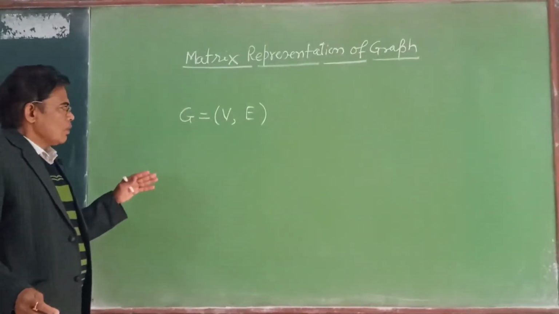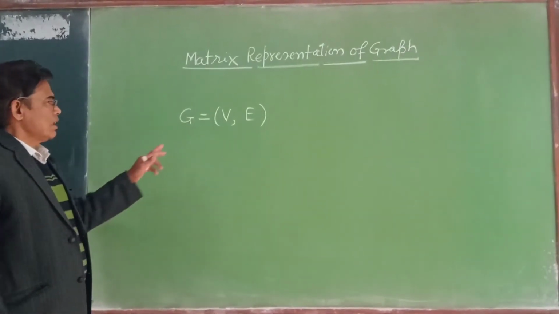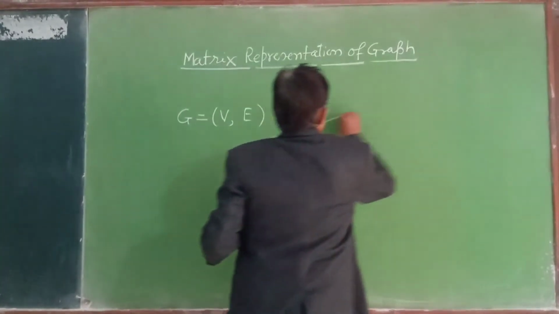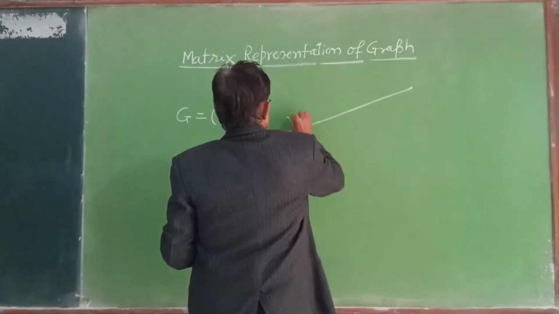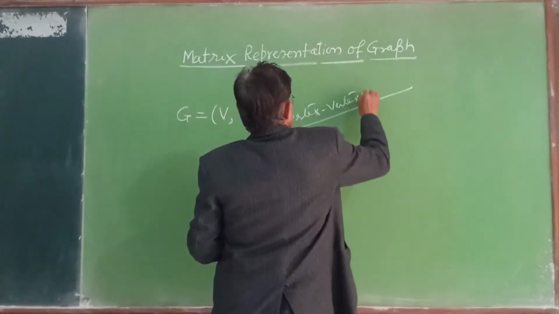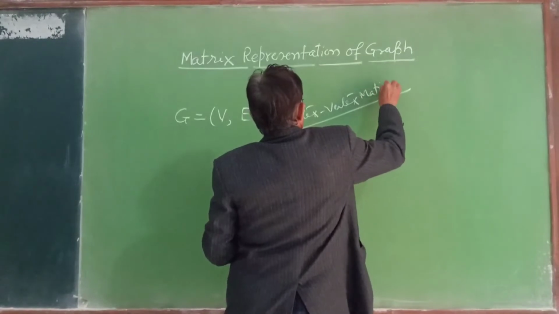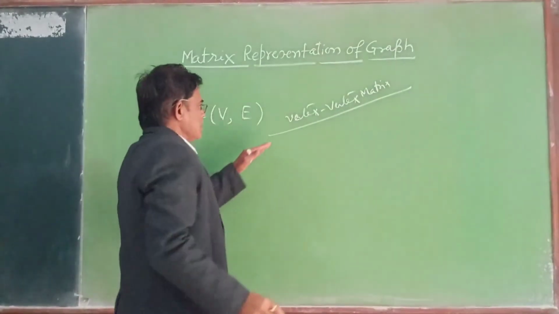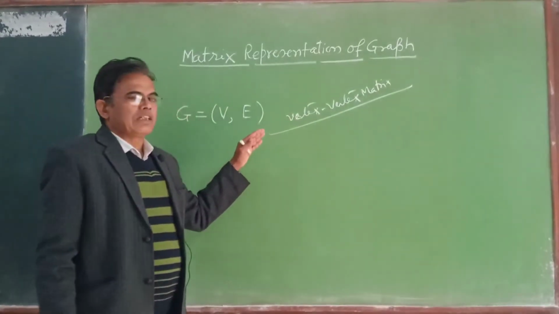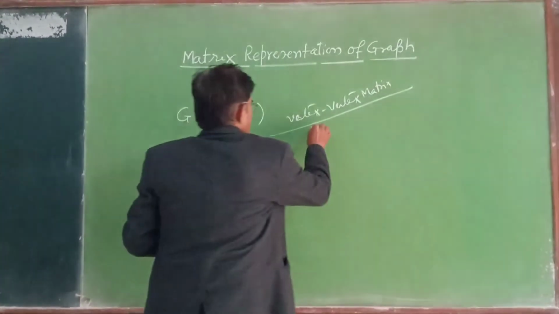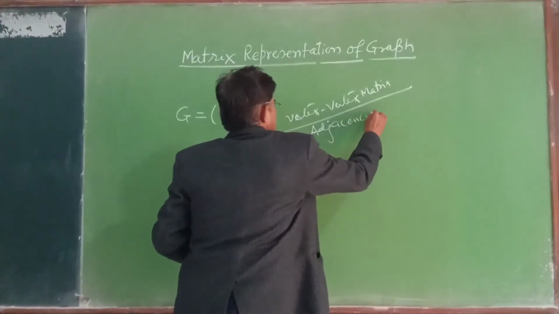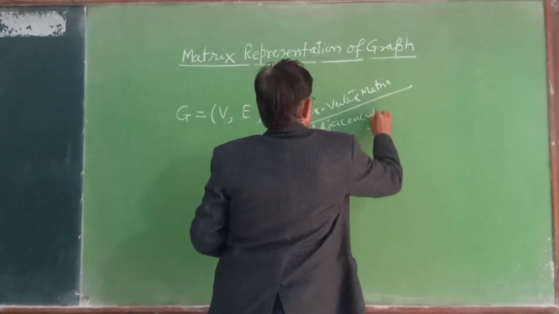There are two types of matrices for a graph. One is the vertex matrix. This vertex matrix is also called the adjacency matrix.